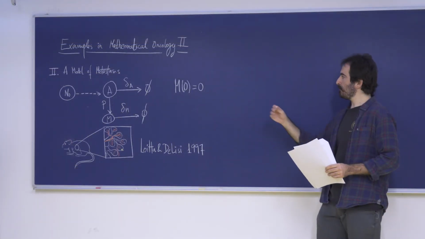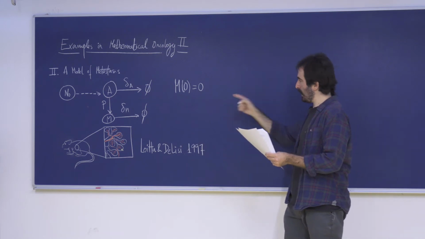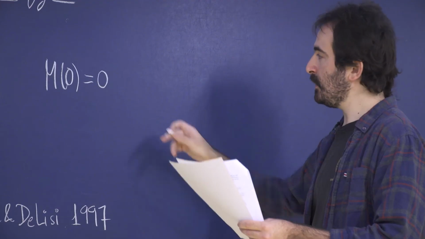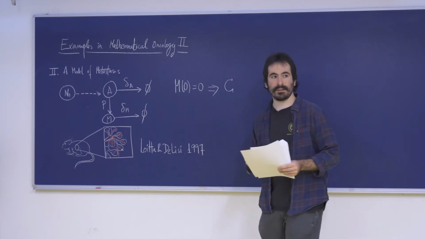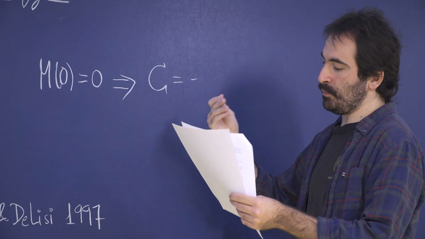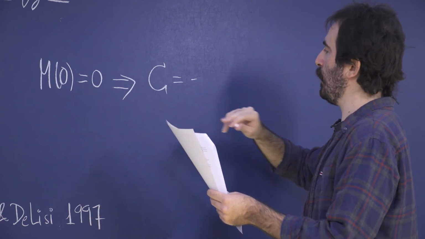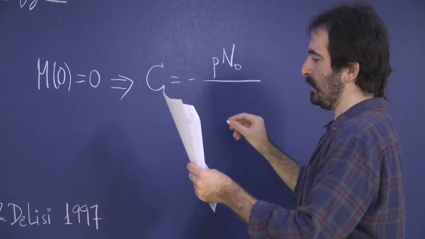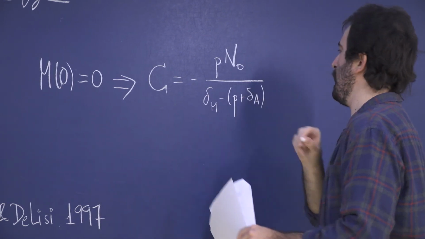As we've said before, since now we can impose this condition from initial conditions, at time equals 0, there's going to be no metastatic cells, which from the previous equation will correspond to the following solution for the integration constant c. Well, from the solution that we got before, it's pretty easy to see that this is going to include the following values: minus p n naught divided by delta m minus p plus delta a.